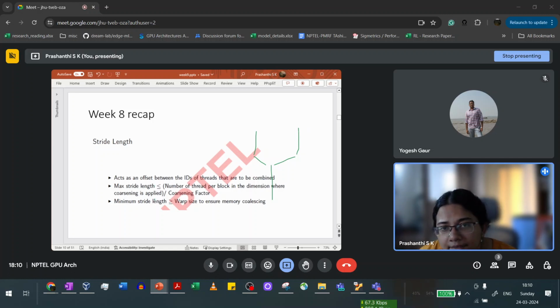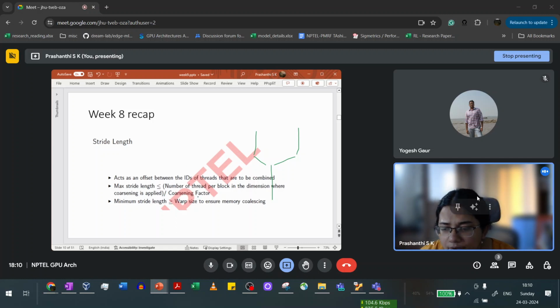Again, you have a lower bound and an upper bound here. The minimum, or the lower bound, is the warp size. Why is this done? So that your memory accesses from a warp are still going to be coalesced even after the coarsening. And the upper bound, or the max stride length, is the number of threads per block in the dimension of coarsening divided by the coarsening factor.